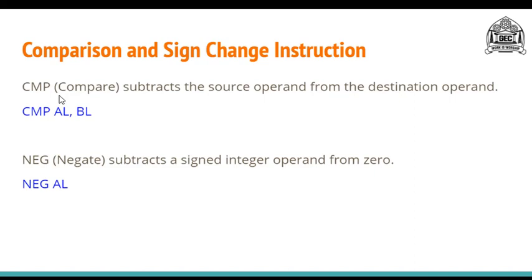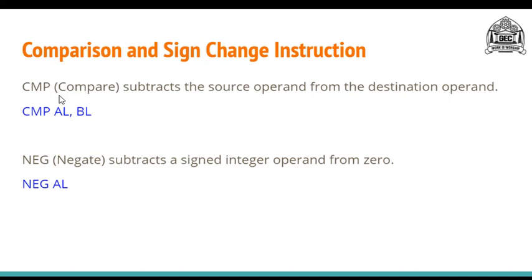So compare instruction, as we have studied already in our practical session, compares the two operands, the destination operand and the source operand. Your compare instruction can compare multiple variables. It can compare memory variables, immediate data, and registers.